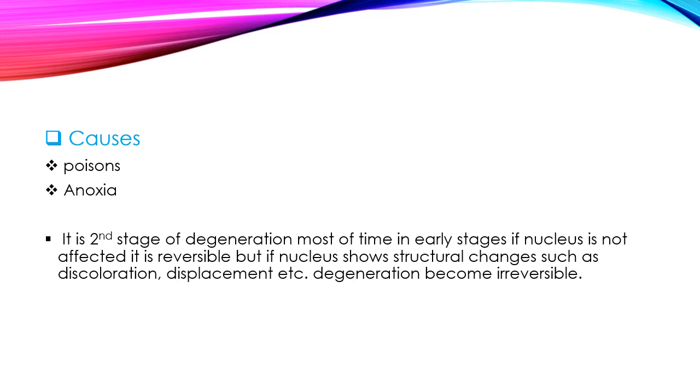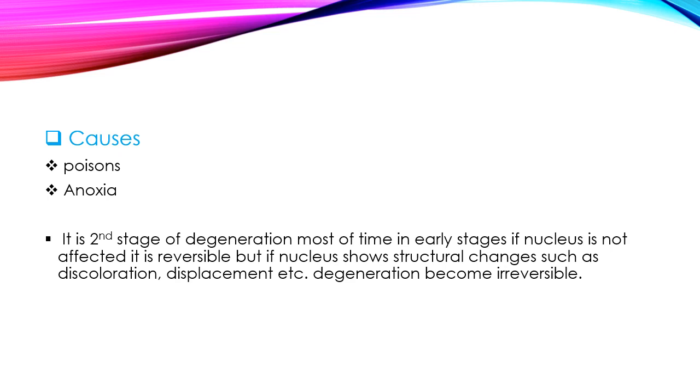What is the difference between cloudy degeneration and fatty degeneration? In cloudy degeneration, cytoplasmic changes are seen, with excessive accumulation of protein granules in the cytoplasm due to collapse of the sodium and potassium balance from injury or mechanical trauma.